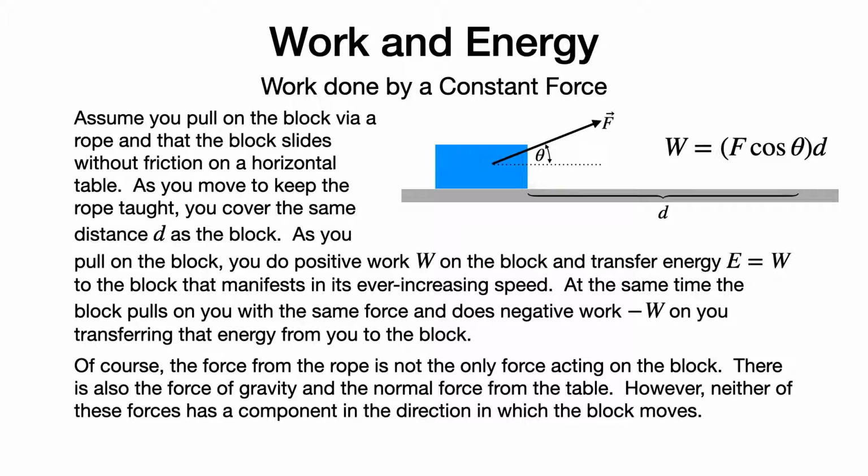Of course, the force from the rope is not the only force acting on the block. There is also the force of gravity and the normal force from the table on the block. However, neither of these forces has a component in the direction in which the block moves. So the force of gravity in this case and the normal force do no work on the block.